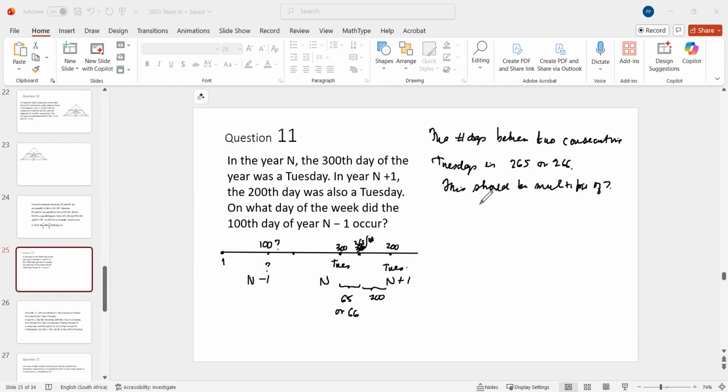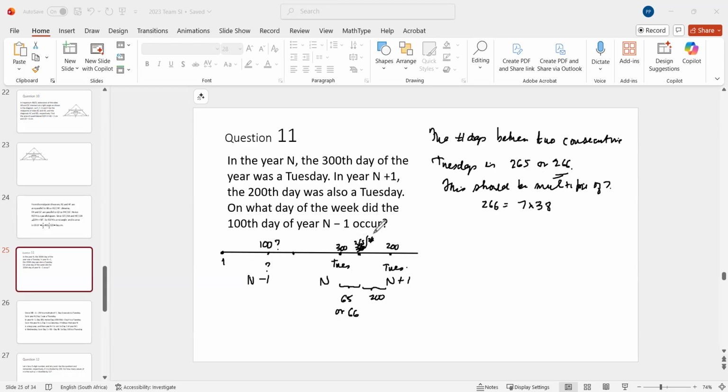And you will see that 266 is actually 7 times 38. So therefore it's 266, not 265. So what does this mean now?